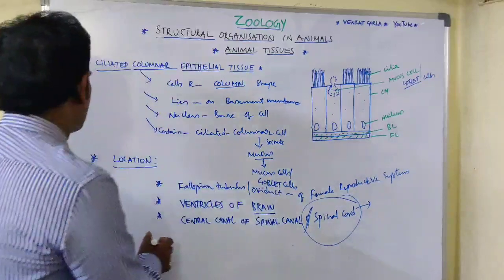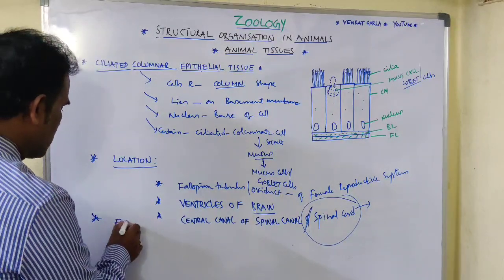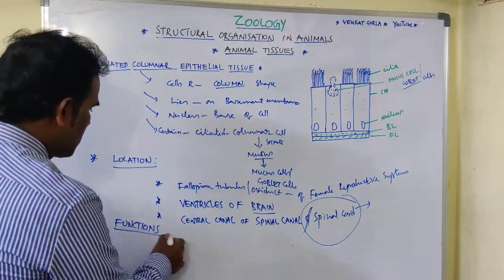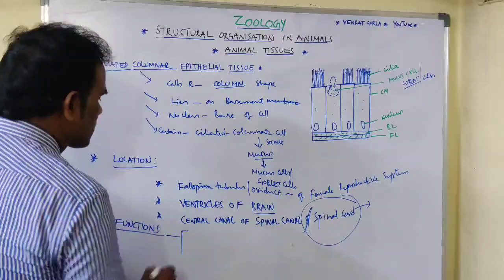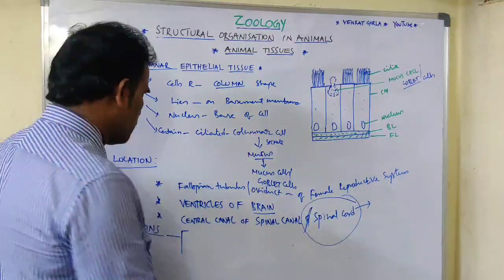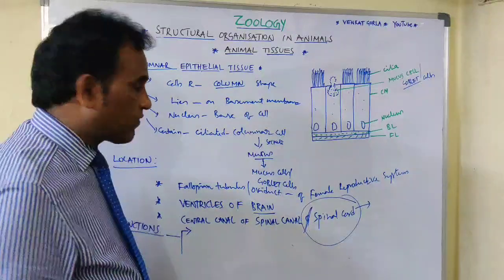What are the functions of the ciliated columnar epithelial tissue? As we said, it is present in the oviduct or fallopian tubule.